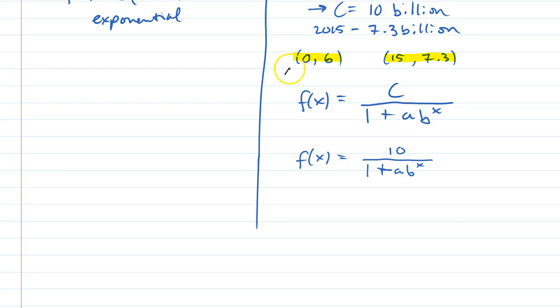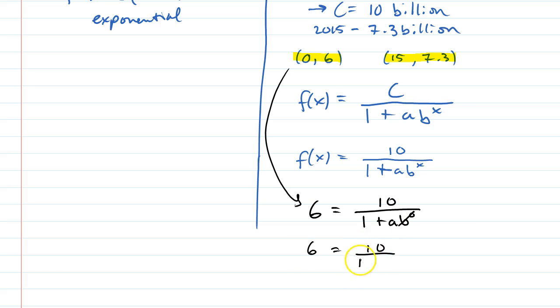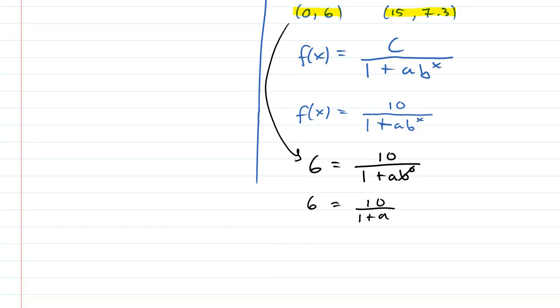First of all, we're going to plug 0, 6 in. So 6 is my answer: 10 all over 1 plus A times b to the 0. I've plugged in 0, 6. We know b to the 0 is 1, and so really, this is just 10 over 1 plus A. Now, I'm going to multiply by 1 plus A on both sides, so I get 6 times 1 plus A equals 10. I'll do 6 plus 6A equals 10. 6A equals, and 10 minus 6 is 4.